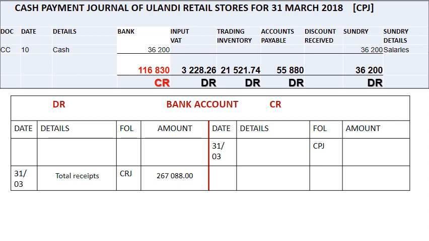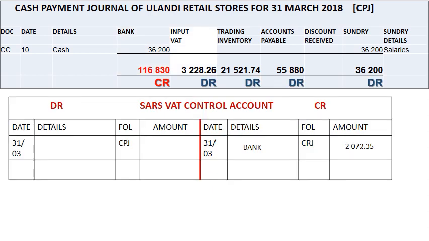Therefore, at the end of March, under the details, we write total payments because these are the total cash payments for the month. The folio, CPJ, because the entry is recorded in the CPJ. Under the amount column, we reflect the total amount that was calculated in the CPJ.